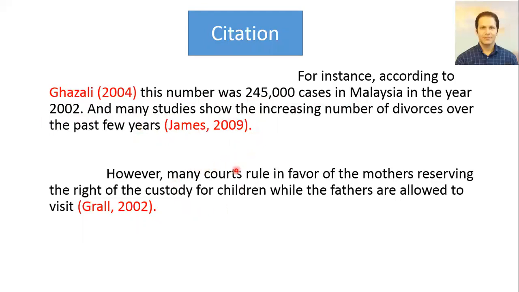And then the third citation actually shows that many courts rule in favor of the mothers reserving the right of the custody for the children, while the fathers are allowed to visit. So if you claim this information, then again you need to give the citation.